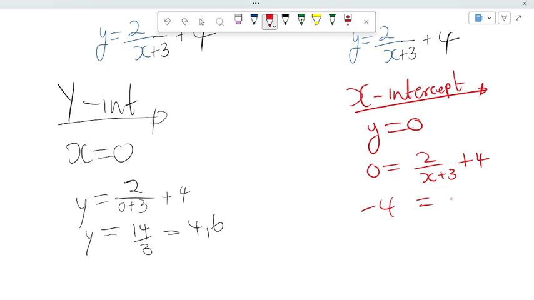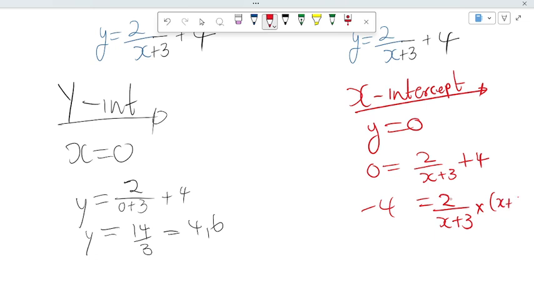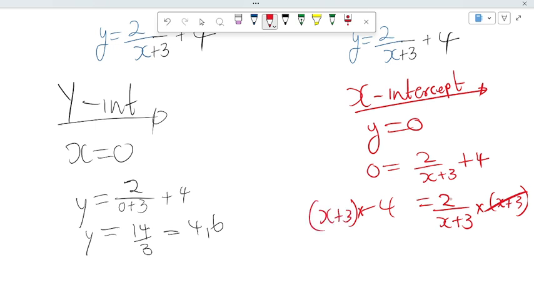Multiply by x plus 3 on both sides to get rid of the denominator, and then it's negative 4x minus 12.